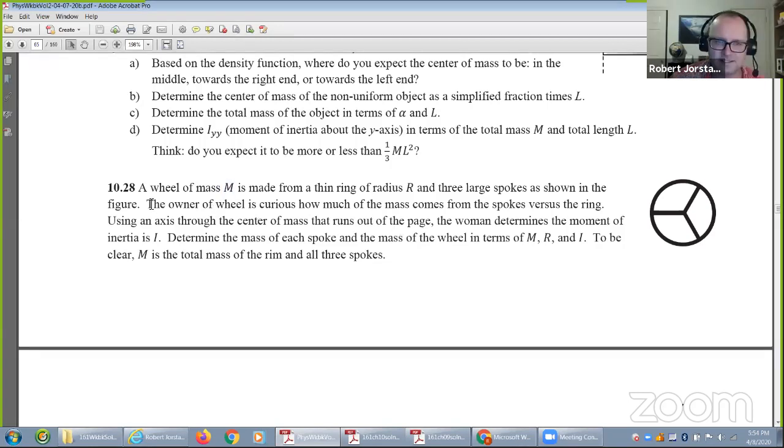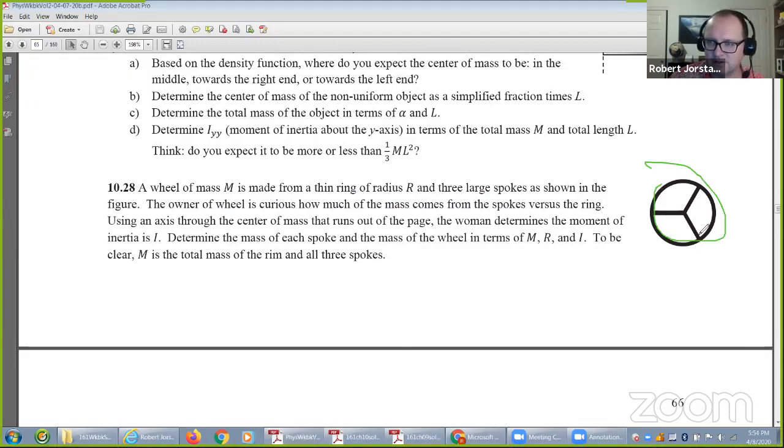In this case, this actually relates to Jay's question. In this one, M is the mass of the entire thing. So M is both the rim and the 3 spokes. And the question now becomes how much is coming from the spokes and how much is coming from the rim. So it's basically doing the same problem backwards.